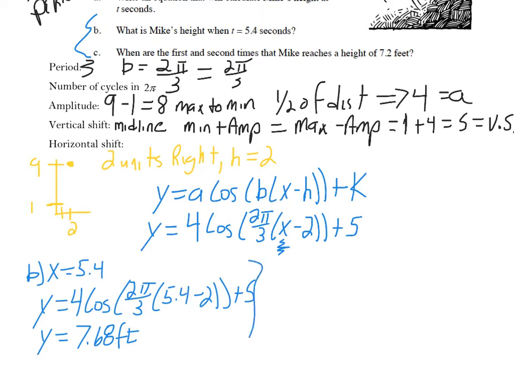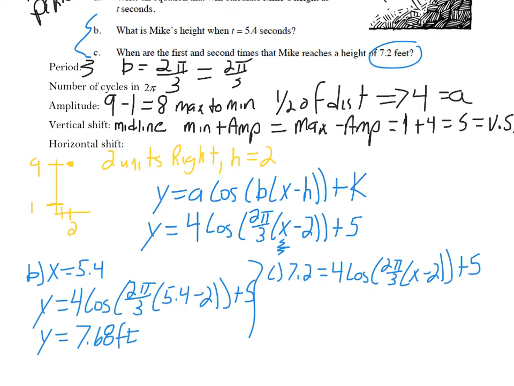Now for part C, we have an output of 7.2. So we're going to say 7.2 equals 4 times the cosine of 2 pi over 3 times (x minus 2), plus 5.